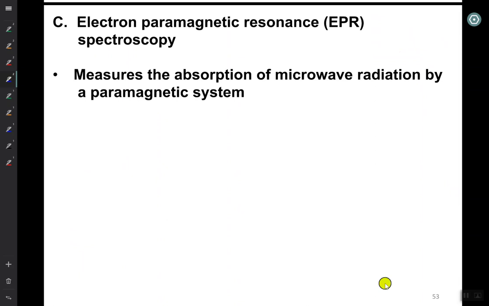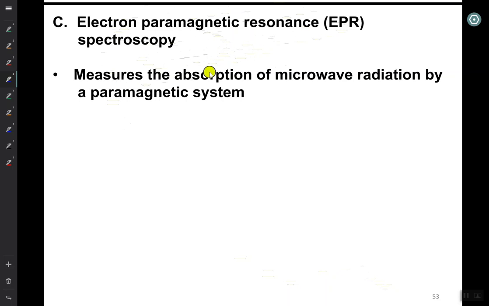Another useful tool is electron paramagnetic resonance spectroscopy, also called EPR. And this method works for studying systems that have unpaired electrons. So for NMR, because of the selection rules, you usually only use it to study diamagnetic compounds, where the spin total is 0. So EPR is the opposite. It's used to study systems that have non-zero spins.